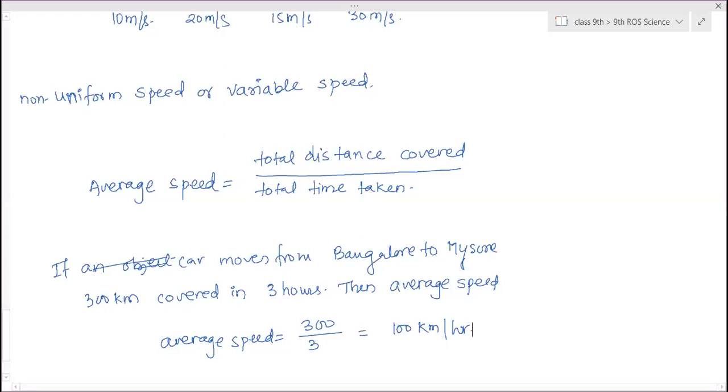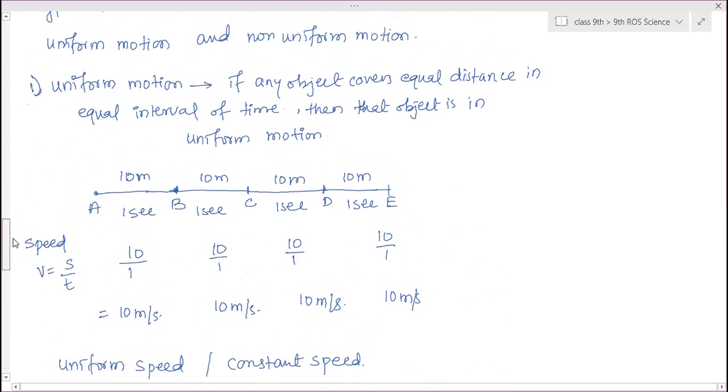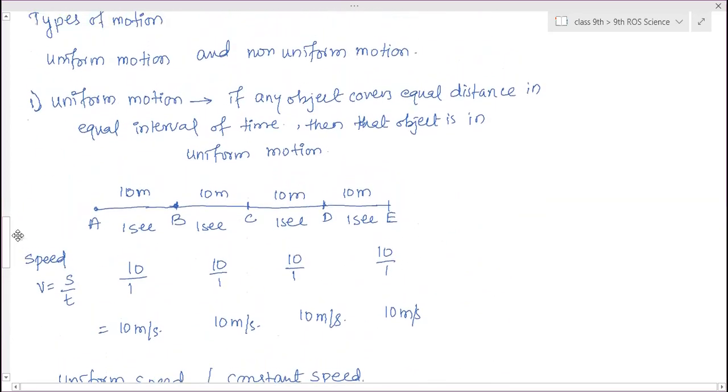Okay, so write down all these points on types of motion. Ma'am, I have a doubt. In uniform motion, does the object travel in a straight line? Yeah, it is always a straight line. No, sometimes the direction changes. That we can also consider as uniform motion.